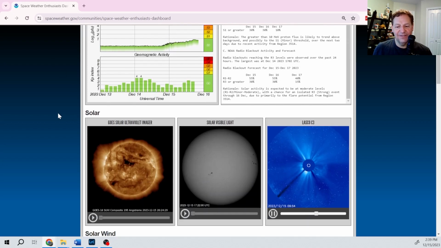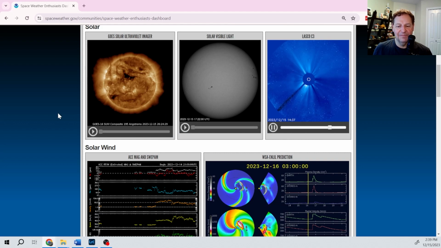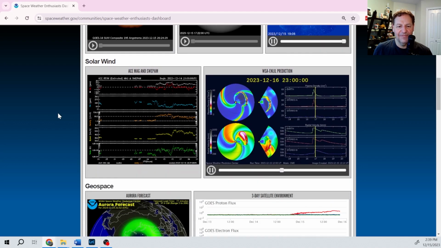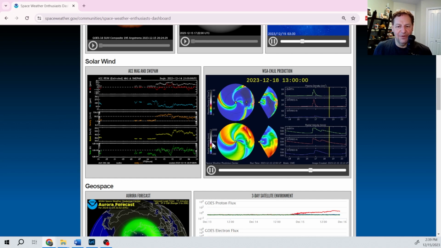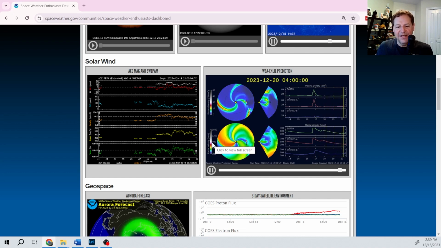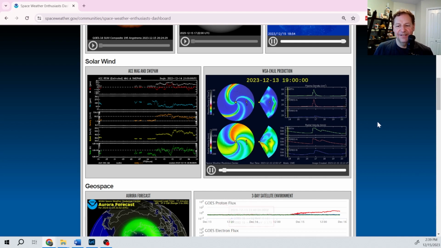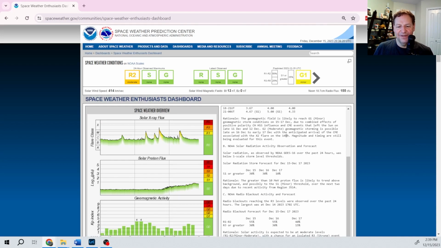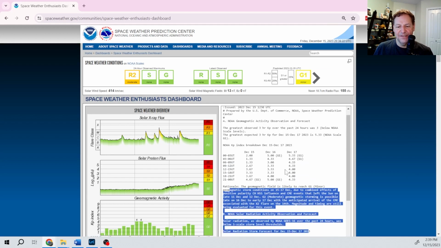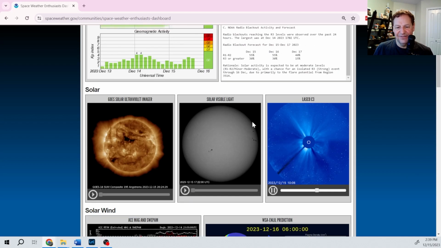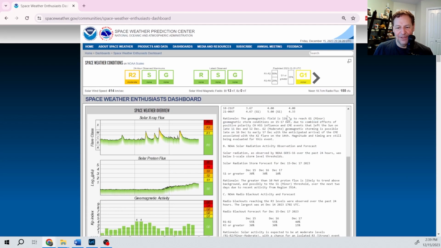I think it's useful, but if they really wanted it to be useful, they could reformat some of this and allow you to put in your location and adjust the times to your location, things like that. But no, I get this email to me and it looks exactly like this. So they're just putting that block of text up on the web page.